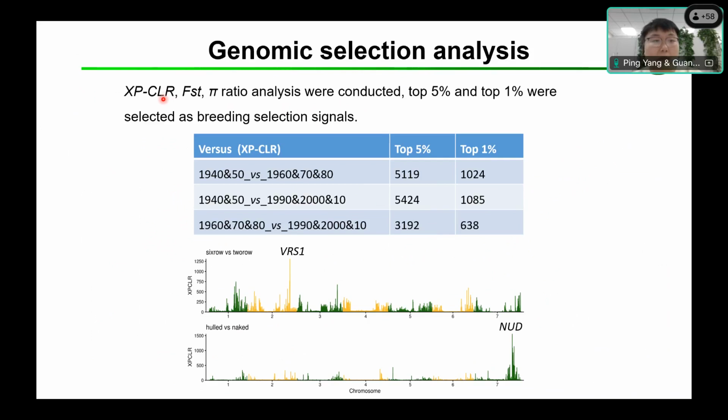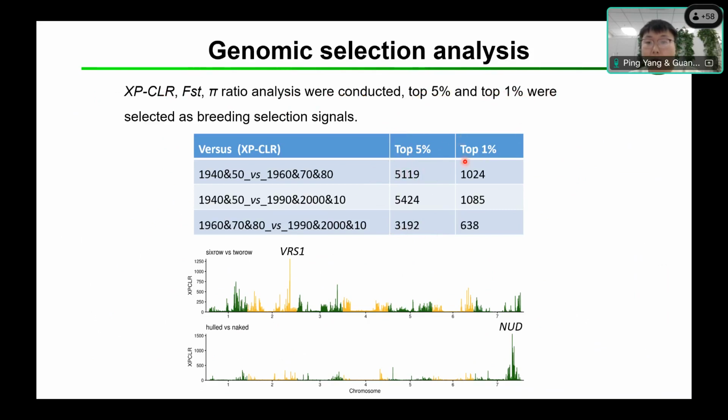Then XP-CLR and Fst analyses were conducted, and the top 5% and the top 1% were selected as breeding selection signals. When the top 5% was used as the threshold, 3,000 to 5,000 selected loci were identified.